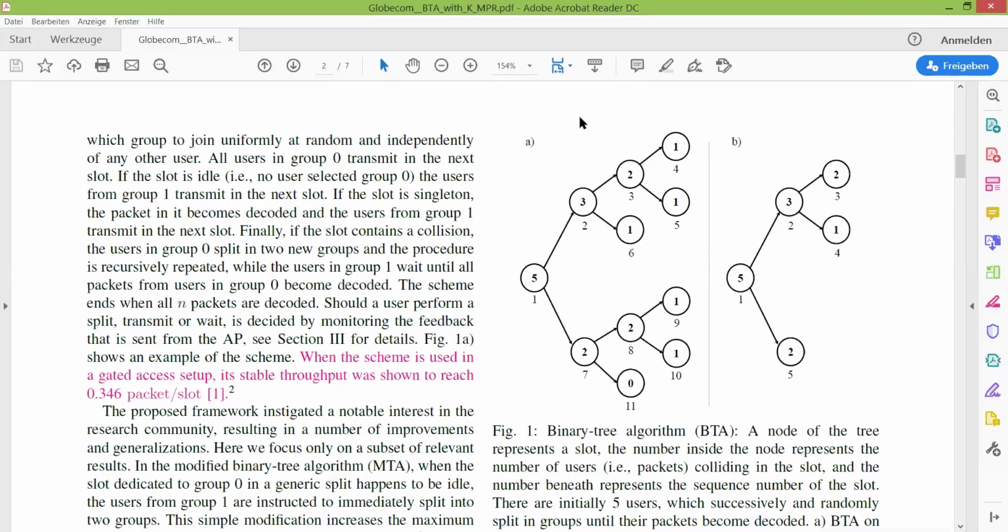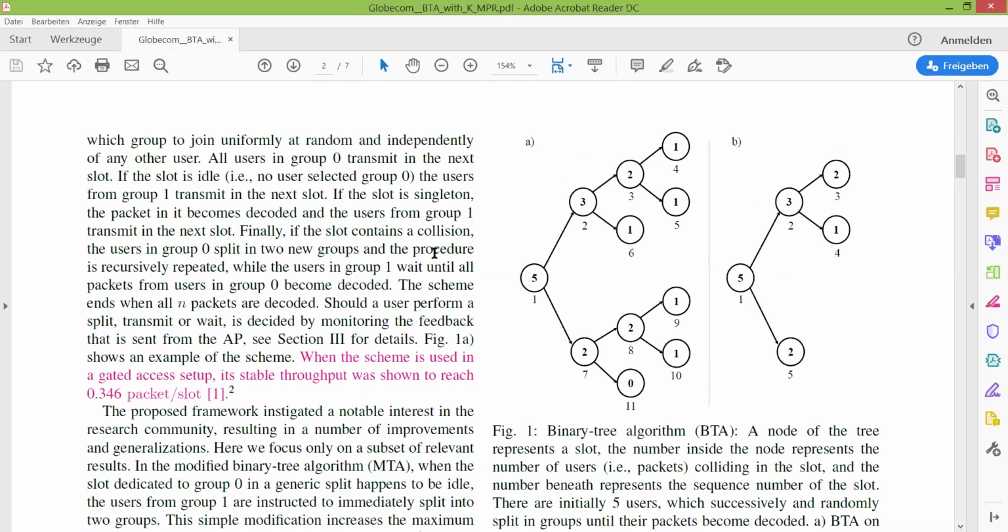Did you understand in general how the 3 algorithms work? Users giving random decisions that will lead to different decisions, and these different decisions eventually lead to decoding of users' packets.